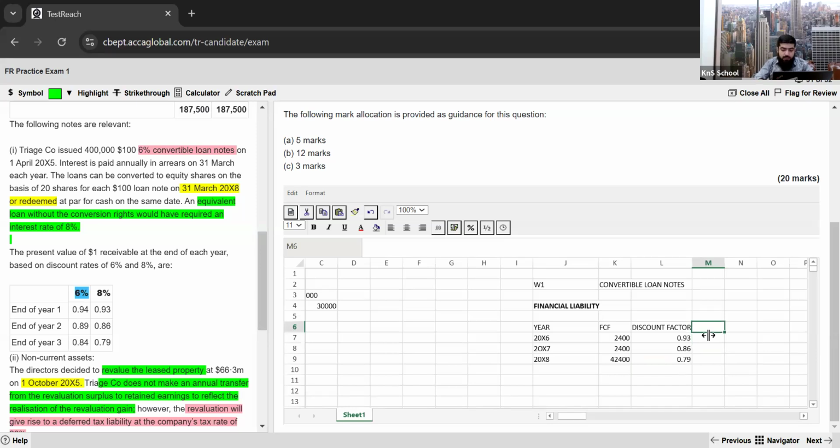Now we are going to calculate the present value of future cash flow, which is 2400 multiplied by 0.9259, and there we have the present value of future cash flows. Now we are going to have a sum, that is 37792. Now this is basically the financial liability.